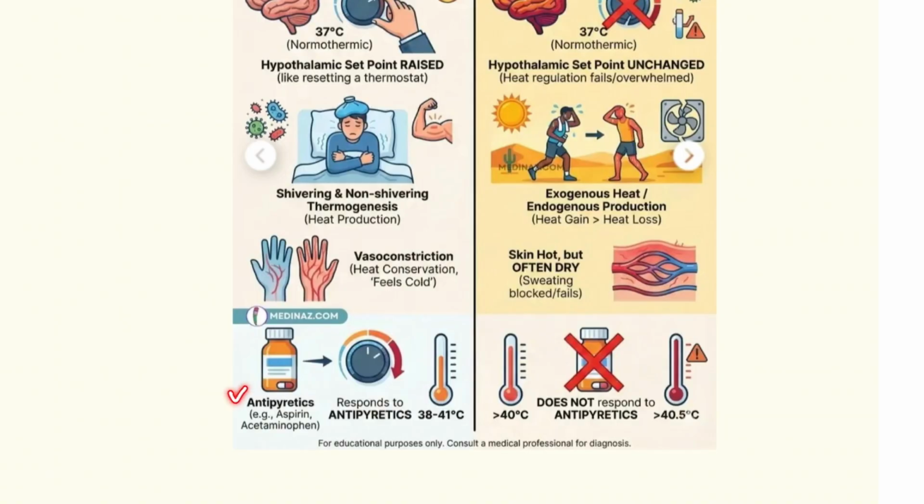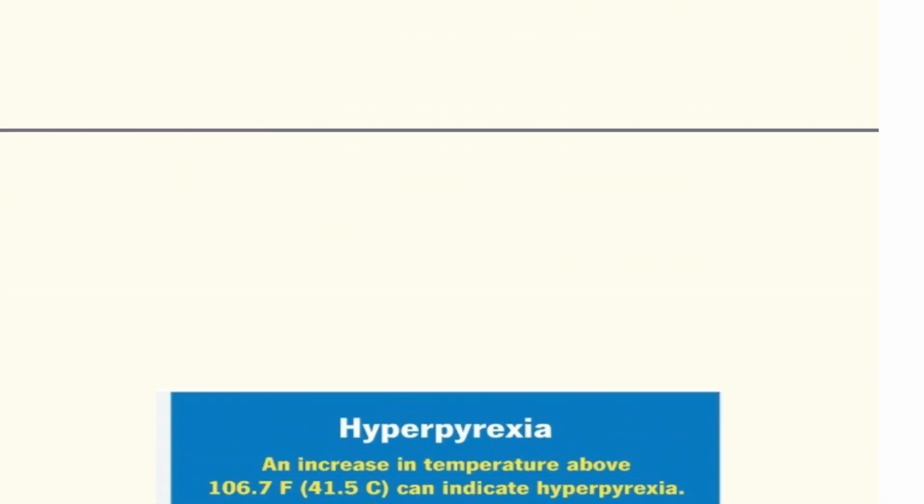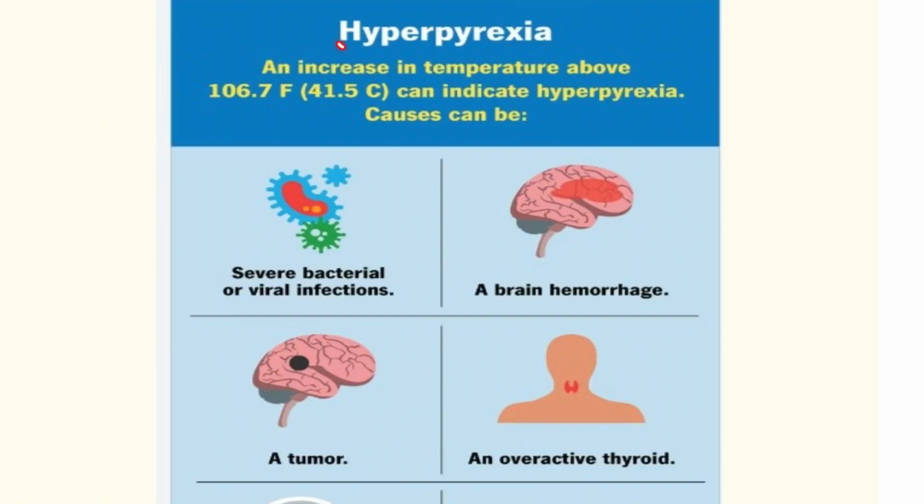Also, fever responds to antipyretics like aspirin and acetaminophen, while hyperthermia does not respond to antipyretics. Very important: it does not respond to antipyretics because the set point is not changed in hyperthermia. One more term: what is hyperpyrexia? Hyperpyrexia is an increase in body temperature above 106.7 degrees Fahrenheit or 41.5 degrees centigrade.